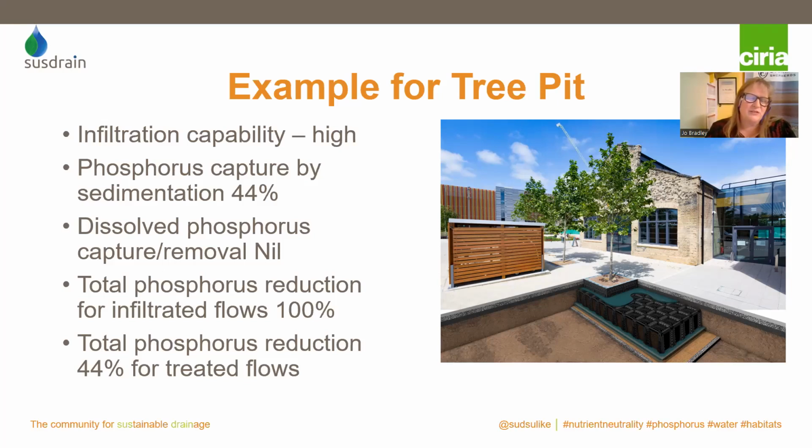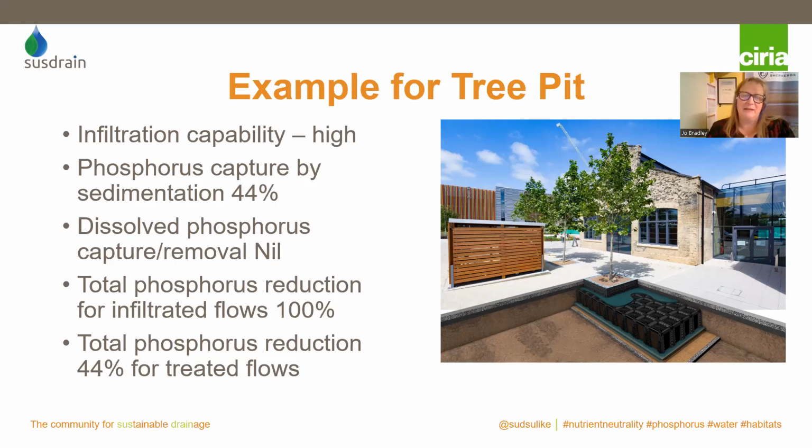The total phosphorus reduction for infiltrated flows is 100%. That's something that we've taken from the Minnesota Stormwater Manual, and so the SuDS guidance that you will see soon says that for all infiltrated flows, you can assume that 100% of the phosphorus is captured and removed. But there's always a but. There are some criteria.